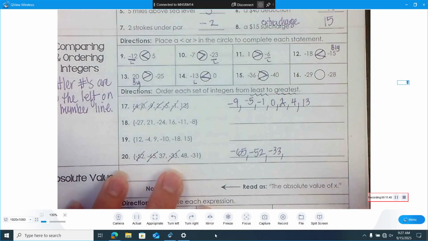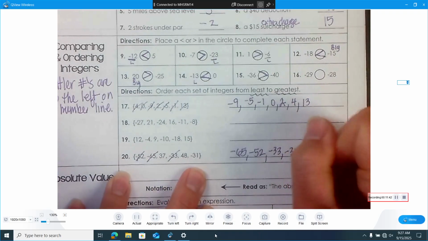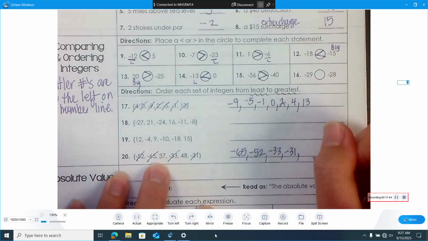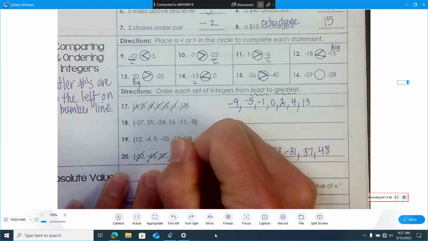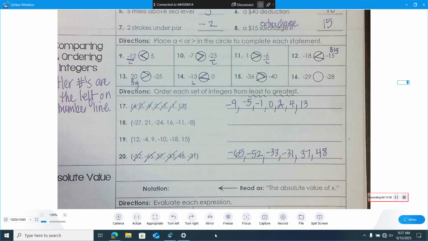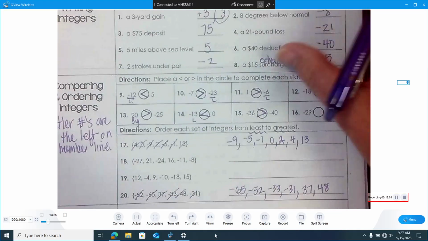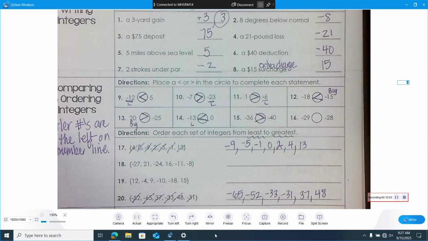Very good. Negative 31. And then we have positive 37 and positive 48. Beautiful. Good job. All right. Do you guys have any questions about integers on the number line? Good. Very easy, right?